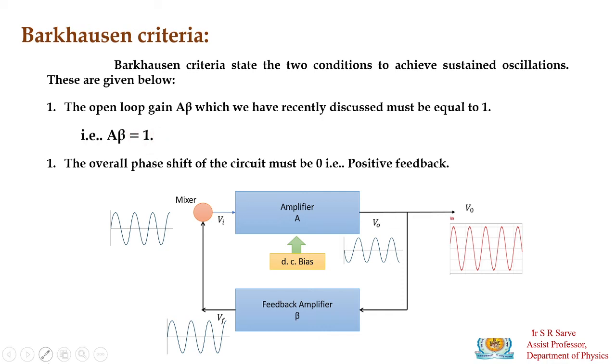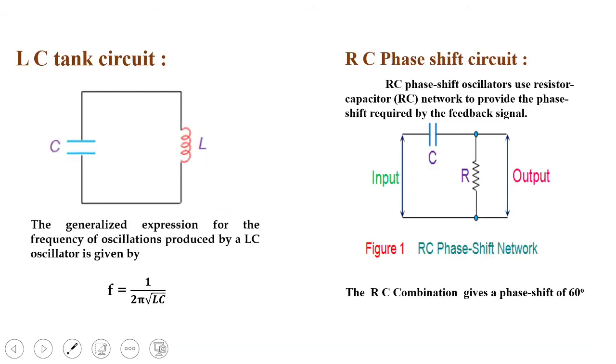But practically, the value of A into beta is slightly greater than or equal to 1. You can take that as the practical condition for oscillators. So this is about the Barkhausen criteria.